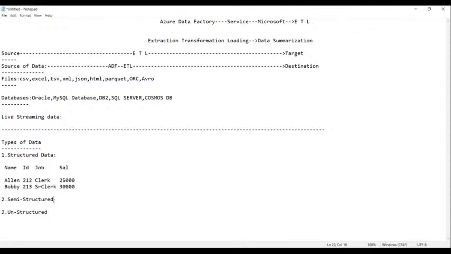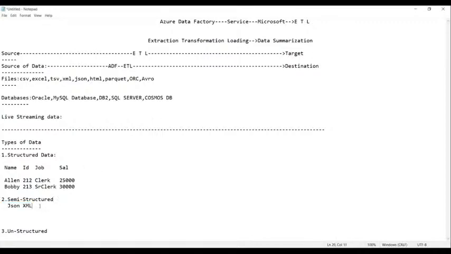Such data is called semi-structured data, such as data kept and recorded in the form of JSON files and XML files, etc. So guys, everyone is following? Yes. Okay.